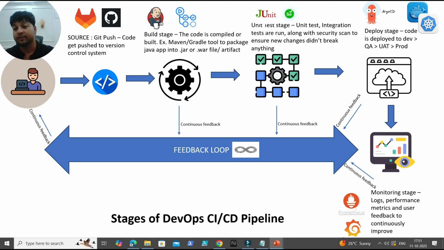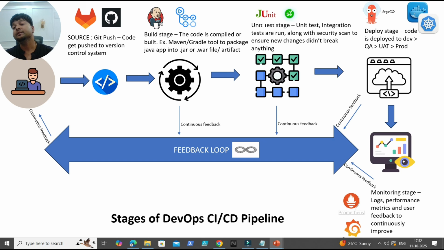Automated tests are run during this stage: unit tests, integration testing, and sometimes, as I explained earlier, a security scan using SonarQube to make sure the new code changes did not break anything. Once this stage is done, the deploy stage comes, where the code is deployed to QA, UAT, and prod.